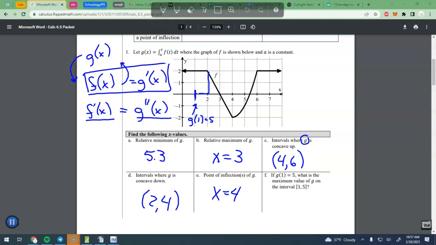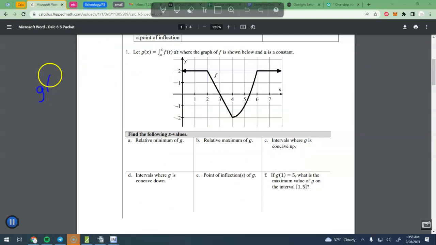How can you add if the slope is 0? So now I'm integrating. How do you integrate a graph? Well, you find the area, right? Because they're not asking me about that graph, they're asking me about G. So G of x is the integral from a to x of that graph.